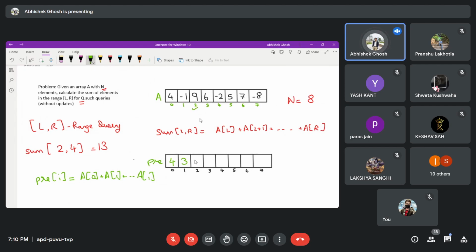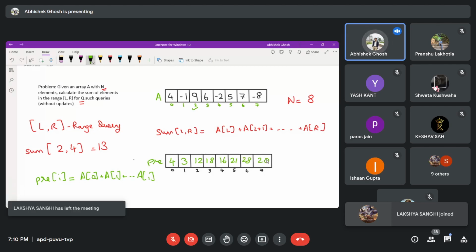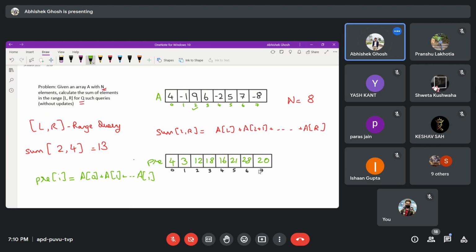So 3 plus 9 is 12. 12 plus 6 is 18. 18 minus 2 is 16. Plus 5 is 21. Plus 7 is 28. 28 minus 8 is 20. So prefix sum of 7 is basically the sum of the complete array. Sum of complete array is 20.